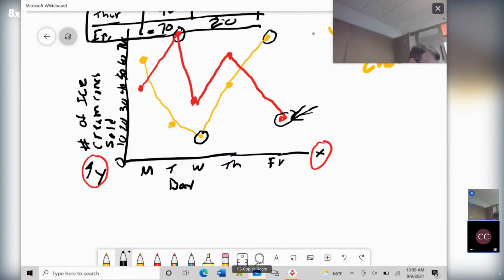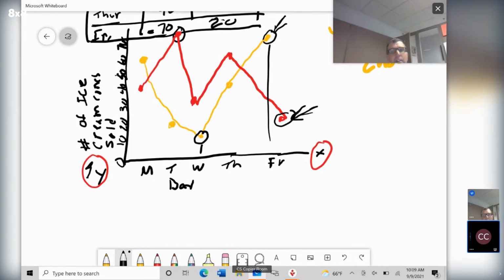Similar, you could do the same with chocolate. You could see that up here, that was the highest point on the graph, and that's about 70 chocolate cones. And that was on Friday. And then on Wednesday, I just look above the W, I could see, oh, wow, on Wednesday, there were only about 15 chocolate cones sold.